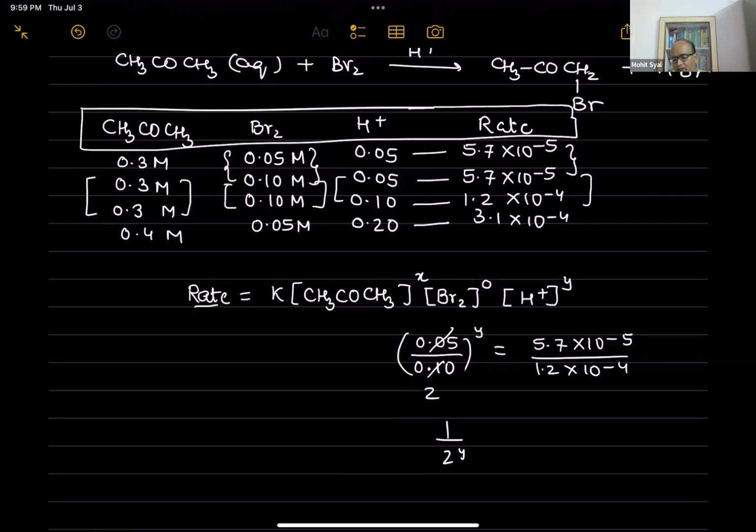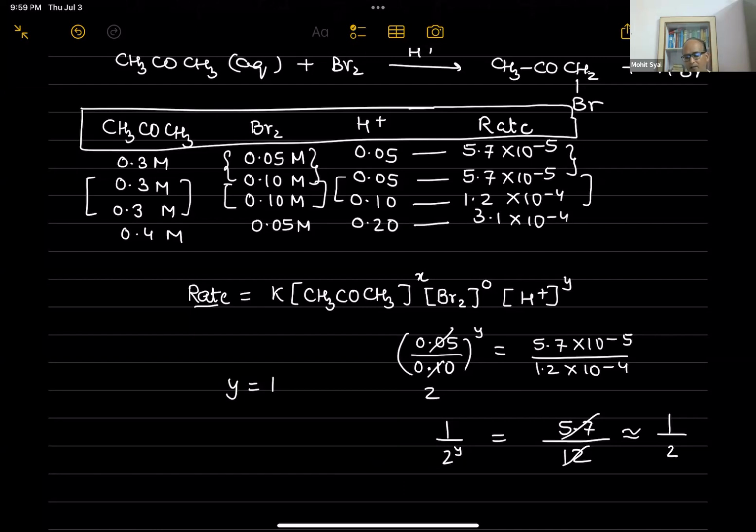And this is how much? So 5.7 approximately is equal to, actually it is not exactly half, but approximately, because you need to take the integer. So it is 1 by 2. So y should be taken equal to 1.